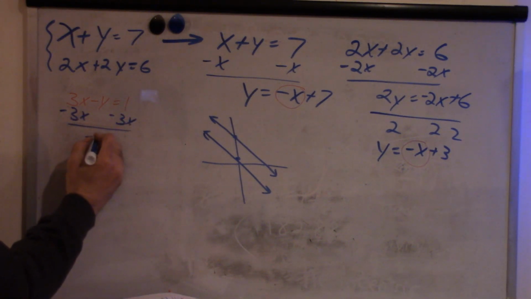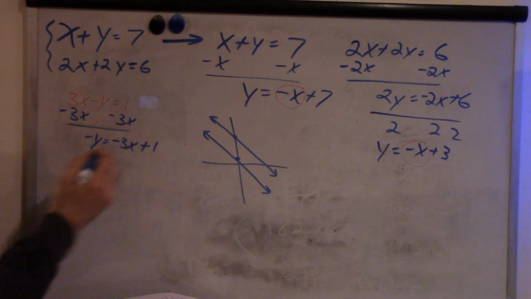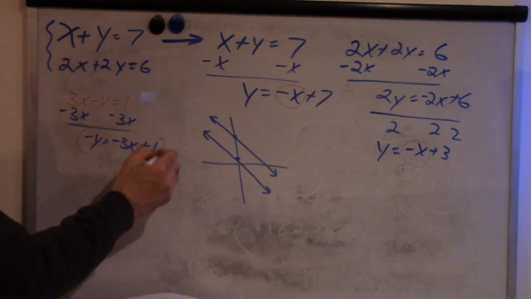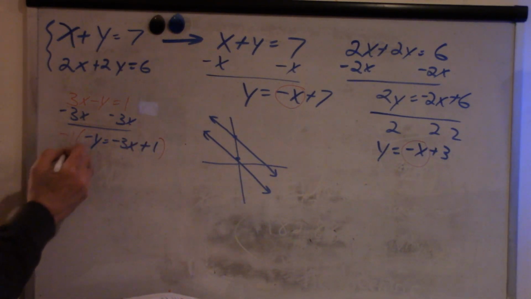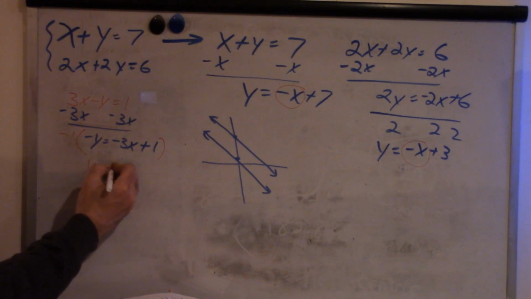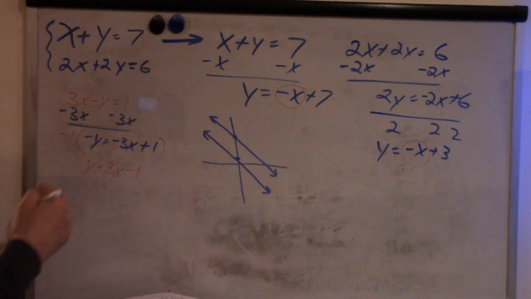We end up with negative y equals negative 3x plus 1. We can't have that y be a negative, so we're going to change it to a positive by putting this in parentheses, multiplying by negative 1. We're going to distribute through. We get y equals 3x minus 1. That's what happens when we distribute.